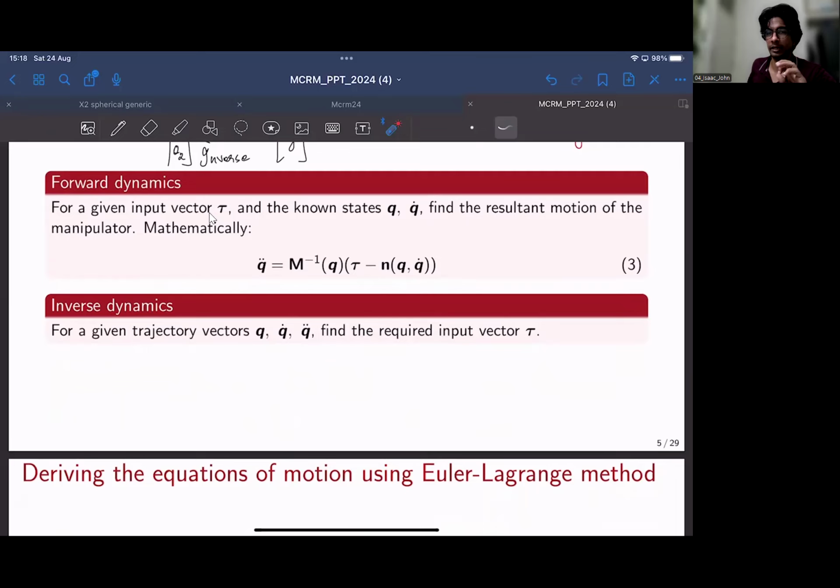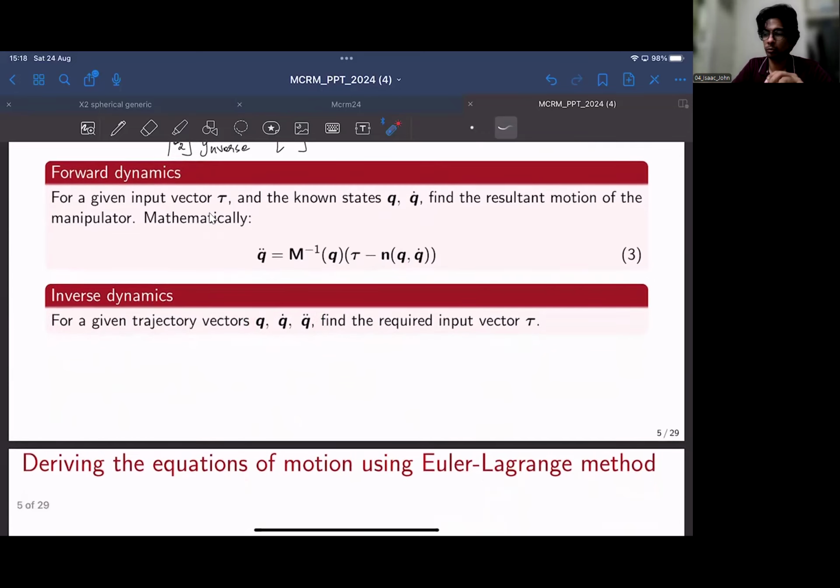It's a way of estimating how much torque you need to supply to the motors so that the robot manipulator can track a desired trajectory. And the trajectory would be defined by these vectors q, q dot, and q double dot. Okay, so that is about the basics of dynamics and the specific problems that we would be dealing with in robot dynamics.